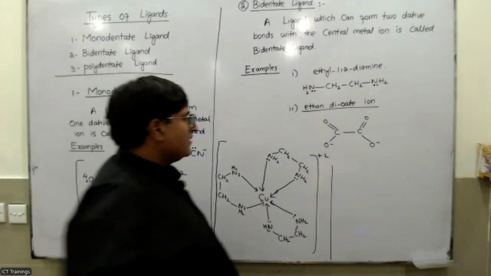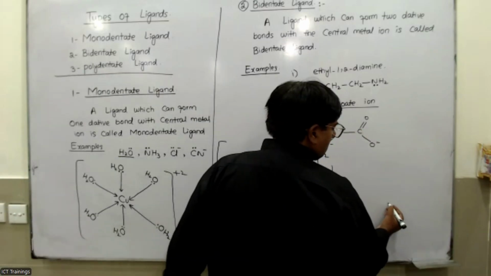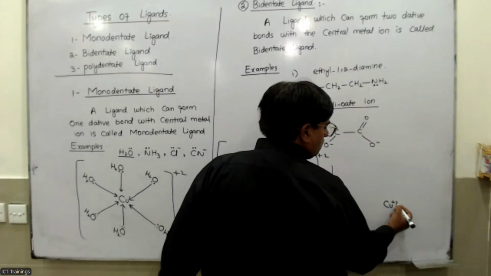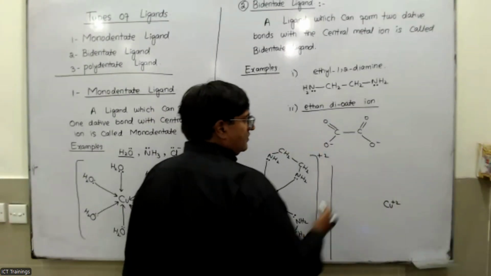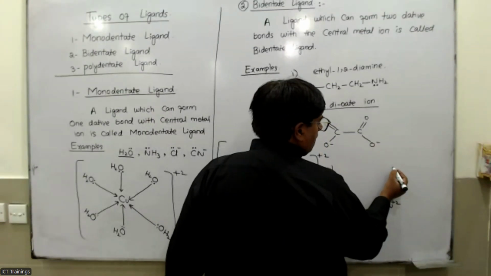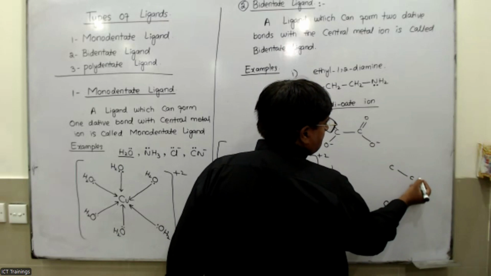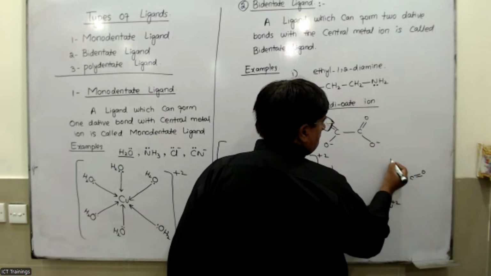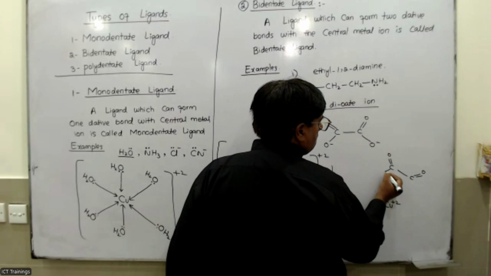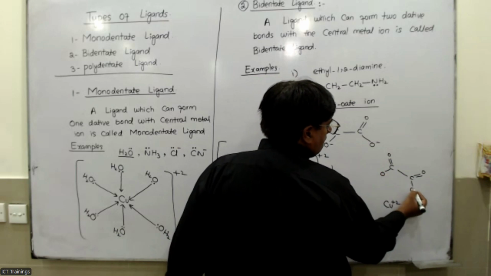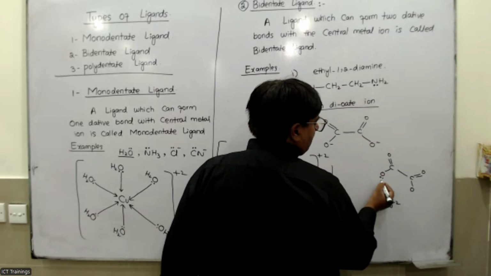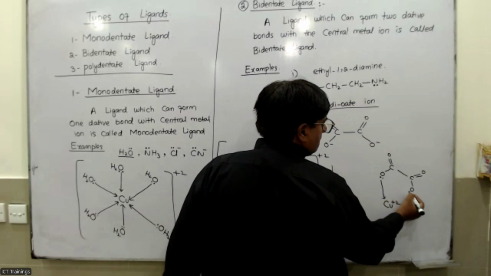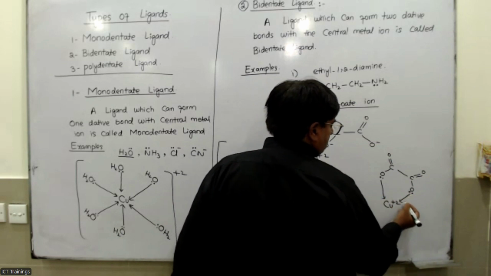If you make it with this one, have a look up here. Copper is +2. So if you draw it like that, C double bond O, double bond O, O and O. This one can form dative bond. This one can form dative bond.